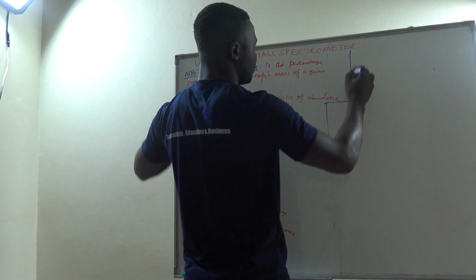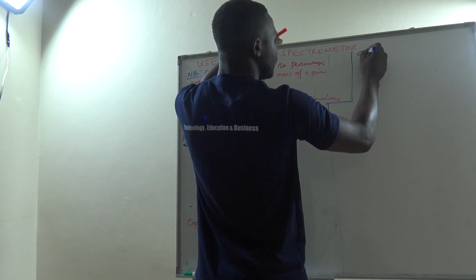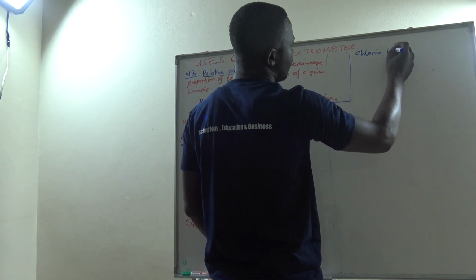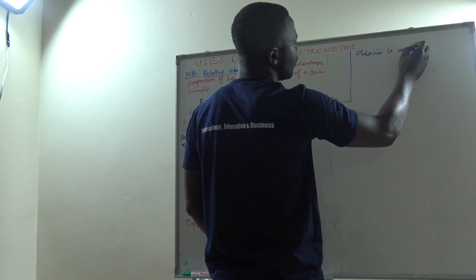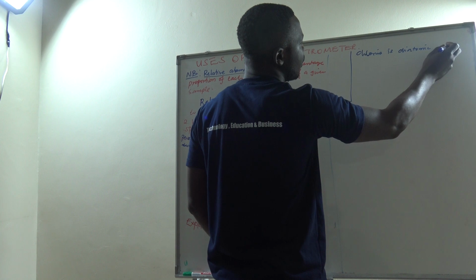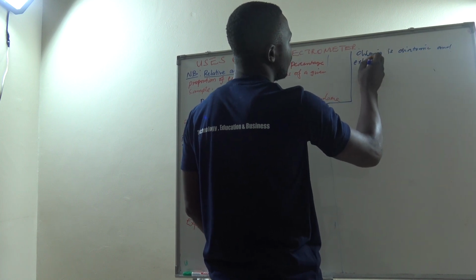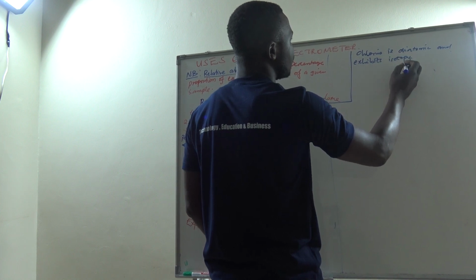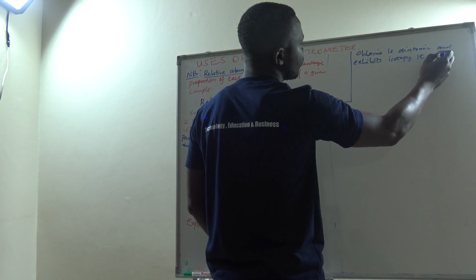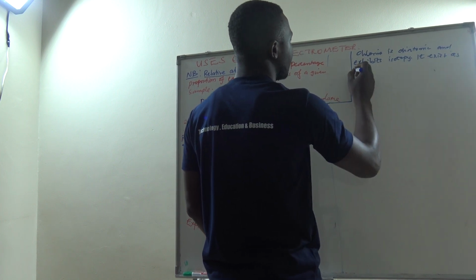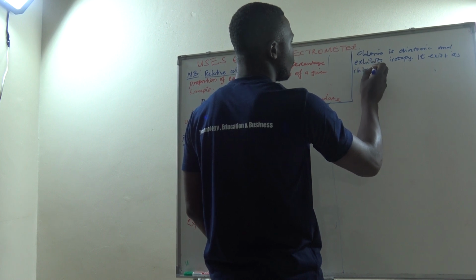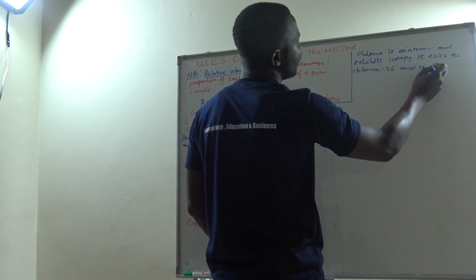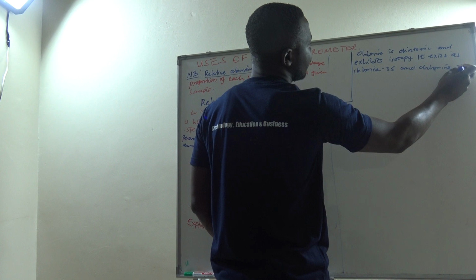So let's answer that question. We shall answer this question by saying that chlorine is diatomic, and exhibits isotopy. It exists as chlorine 35 and chlorine 37.